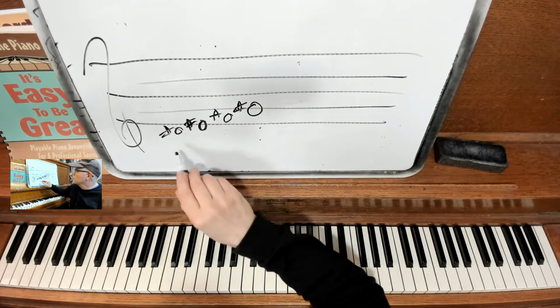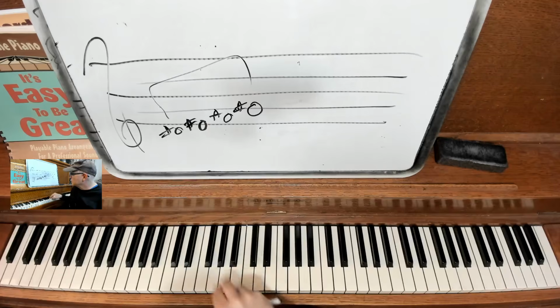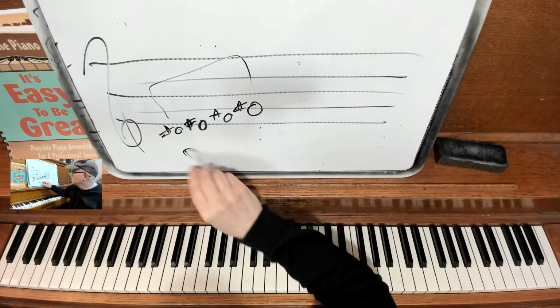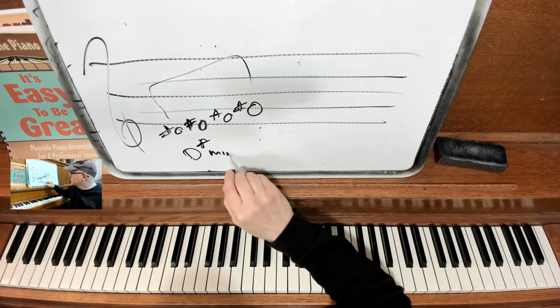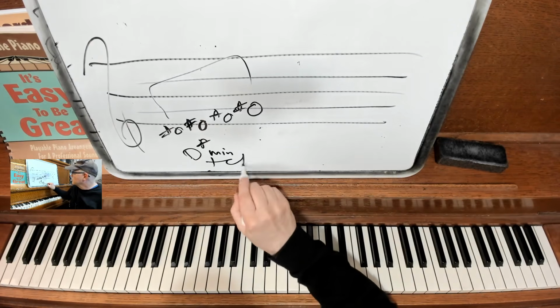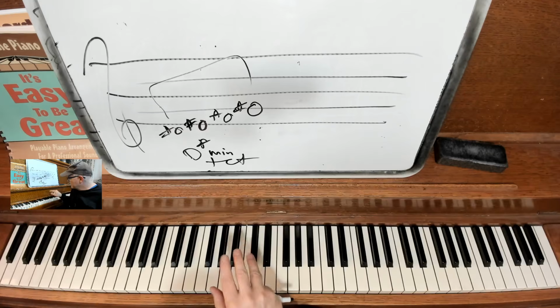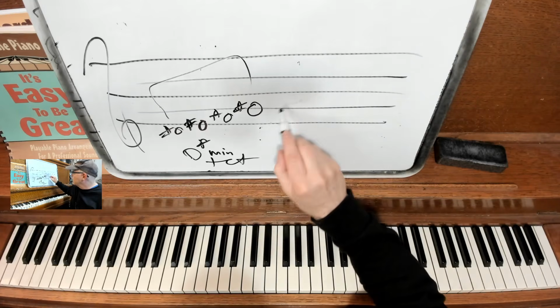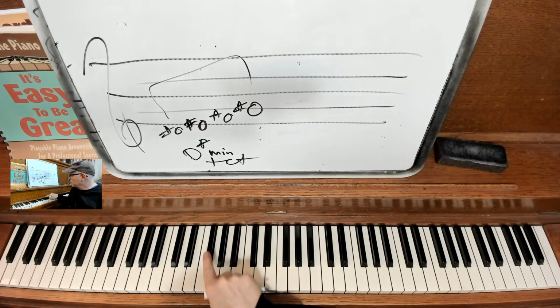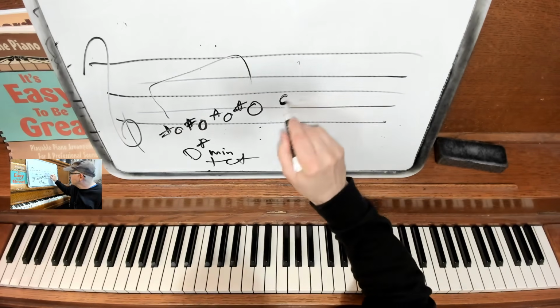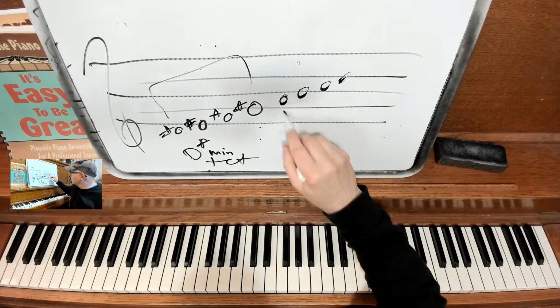So it's alphabetical order, steps. Okay, that's the first. That's a minor tetrachord. That's D sharp minor. It's a D sharp minor tetrachord. And this is an A tetrachord. D sharp, E sharp, F sharp, G sharp, A, B, C, D. C goes in alphabetical order.